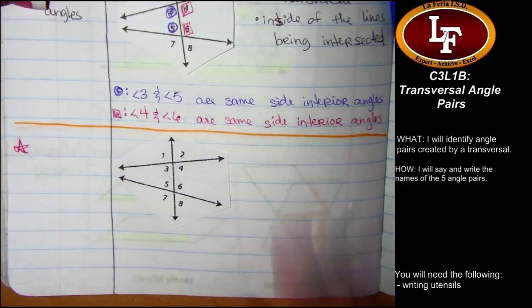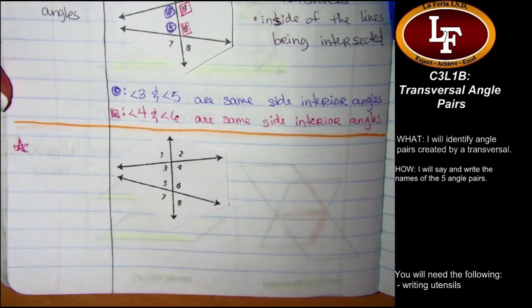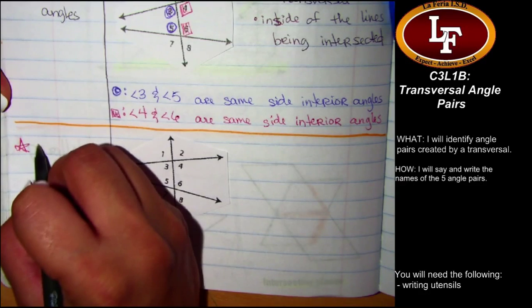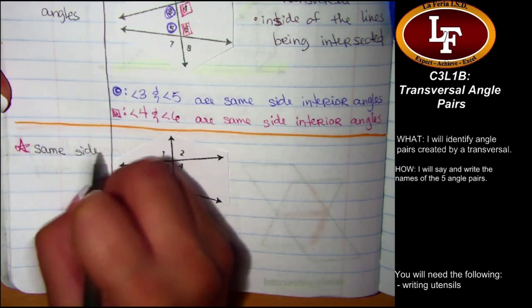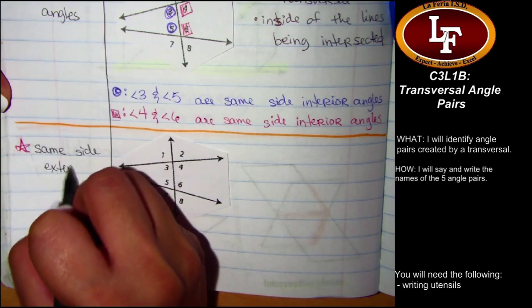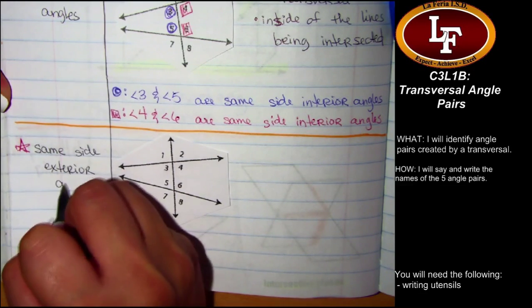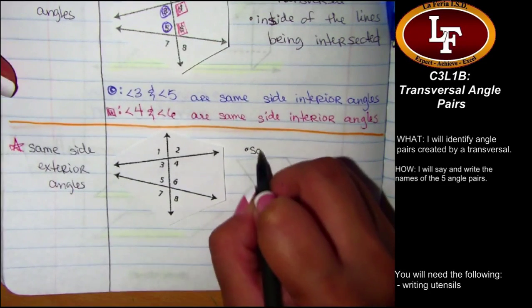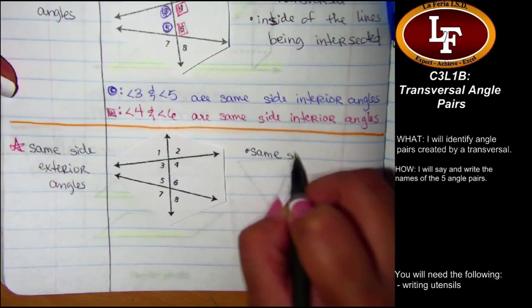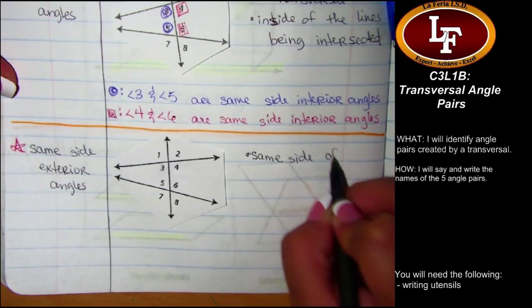All right, our next pair of angles that are formed by a transversal on some intersecting lines are the same side exterior angles. Like the one above, these are also going to end up on the same side of the transversal as each other.